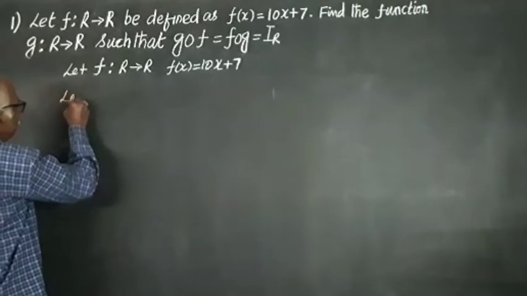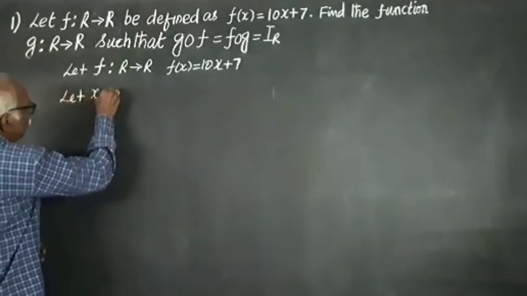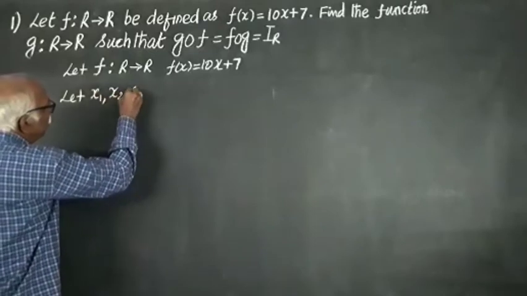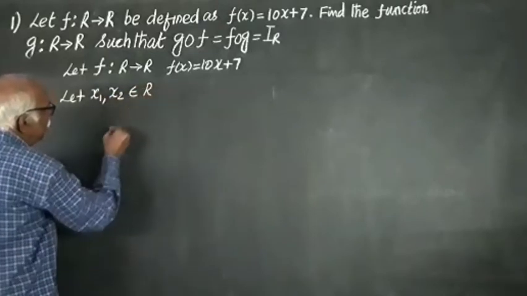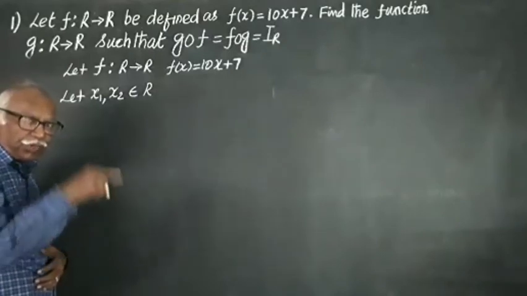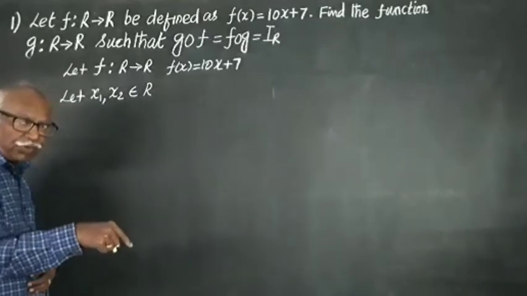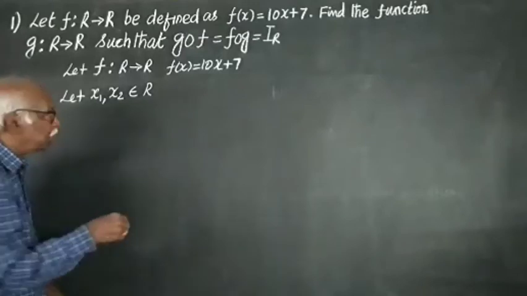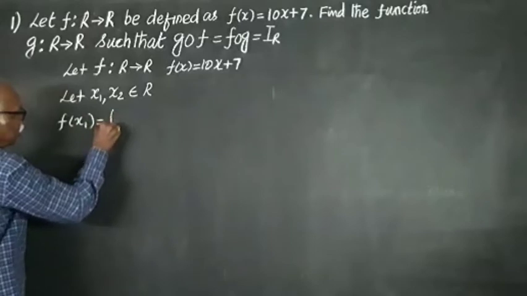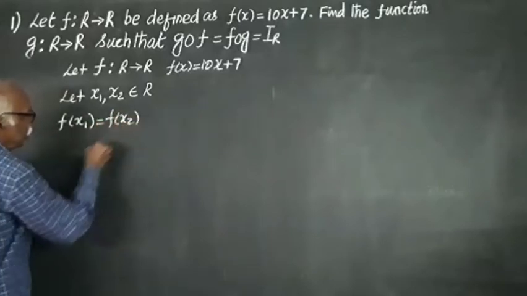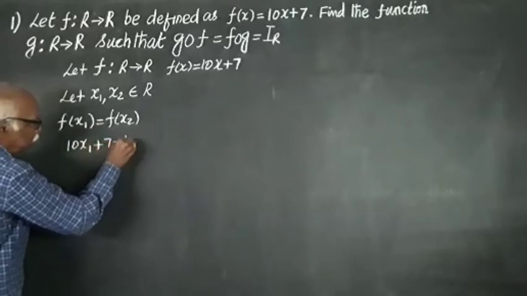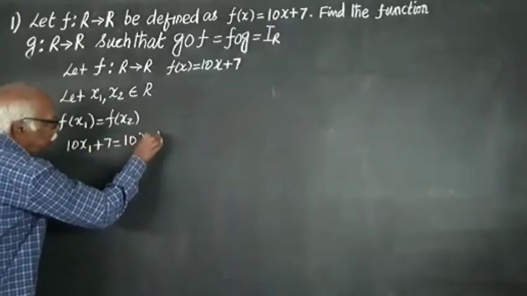Let x1, x2 belong to R. If we assume f(x1) = f(x2), we have to prove that x1 = x2; then f is one-one. f(x1) = f(x2), so 10x1 + 7 = 10x2 + 7.